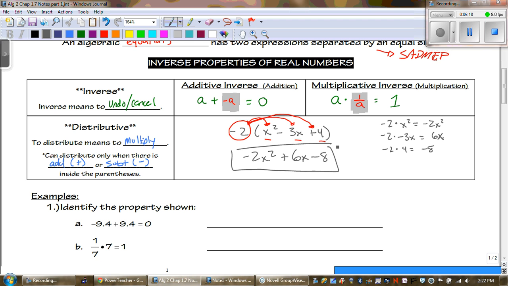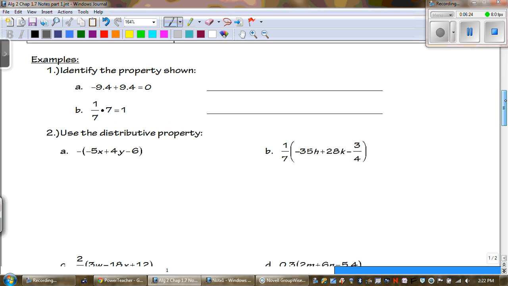All right. For number 1, identify the properties shown. So what do you think those are? We'll look to see what they're doing. Minus, plus, and it equals 0. What does that mean? Well, that means they're usually doing the additive inverse.